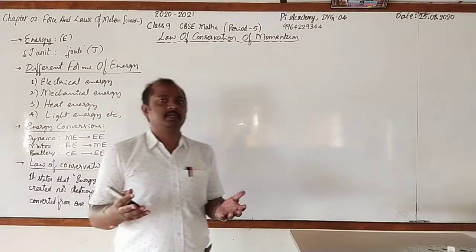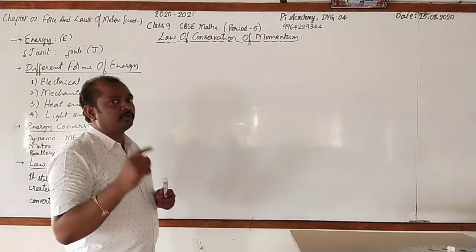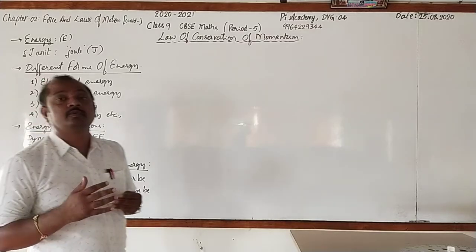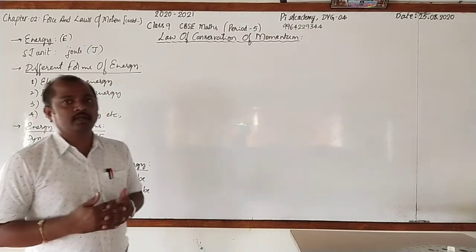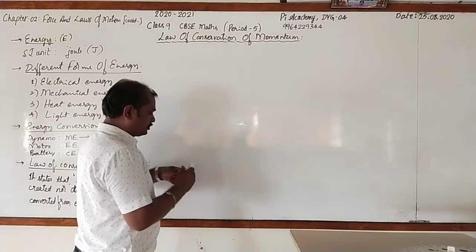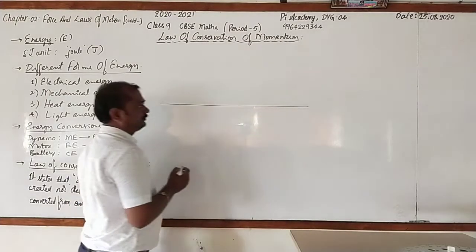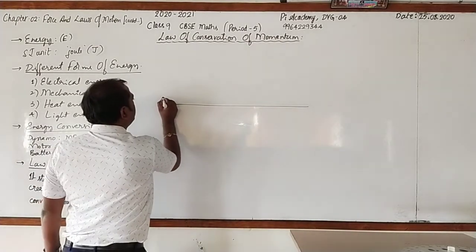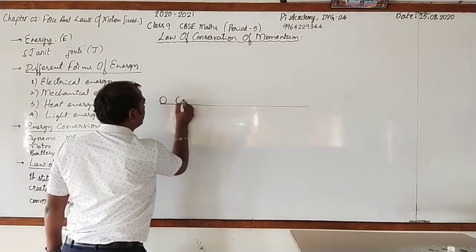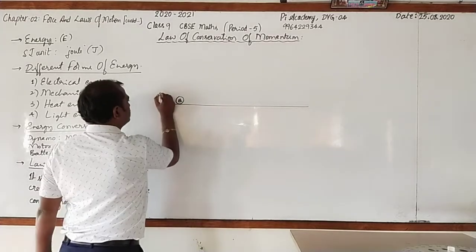If it is a moving object, it will have some velocity, right? I am going to consider two objects which are moving with different velocities. I call them u1 and u2. Look here. This is a straight path. On this path, we have two objects. You may call these objects A and B, having different masses.